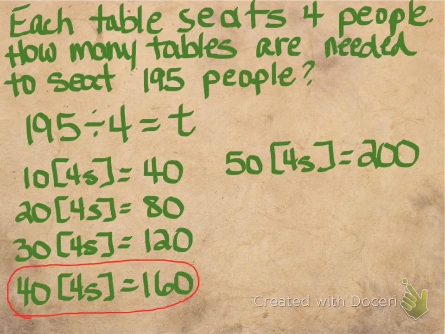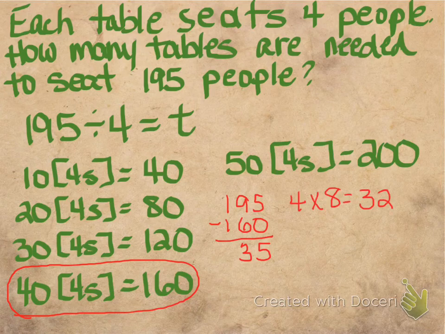So I'm going to circle the 40, and if I take 195 from my original division problem and subtract the 160, I have 35 left, as you see there. And I know that 4 times 8 is 32, which is close to 35, but doesn't go over.